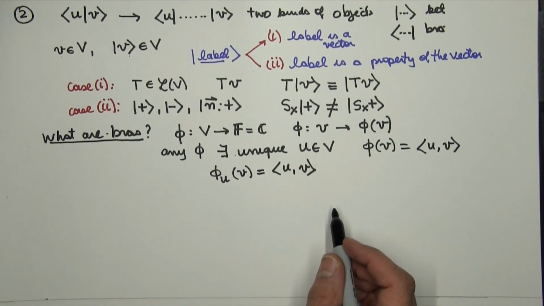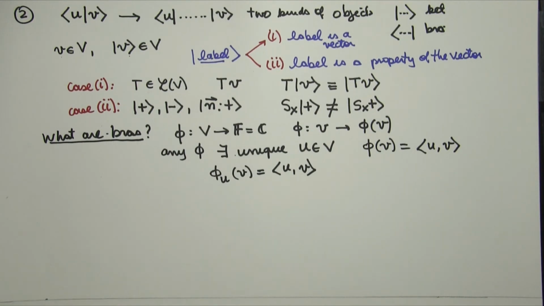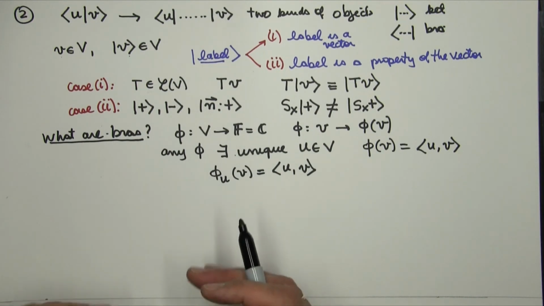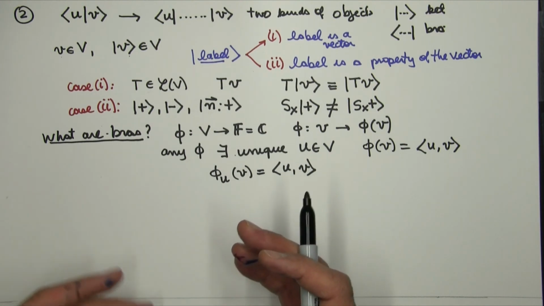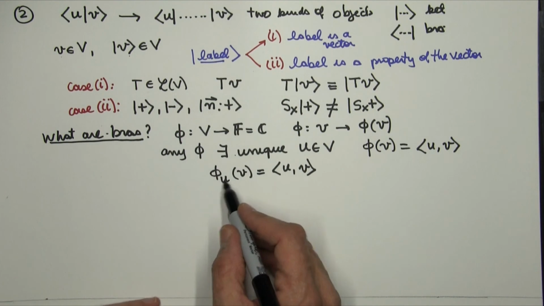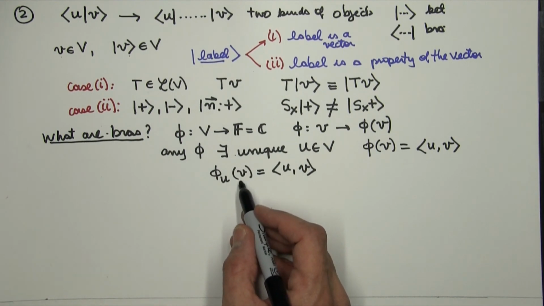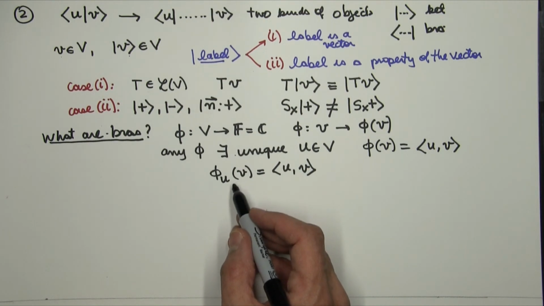Now, the interesting thing about linear functionals is that they form a vector space themselves. It's funny how you have vectors, vector spaces, and then suddenly objects that act on this vector space, like operators, form a vector space, and linear functionals that take vectors to numbers also form a vector space, because they can be added and they can be multiplied by constants.